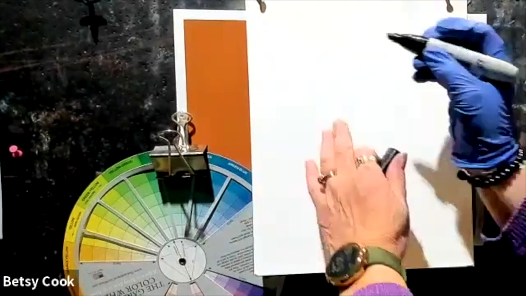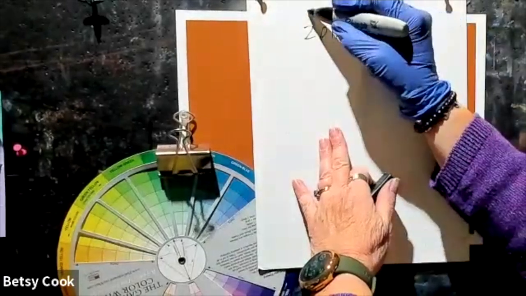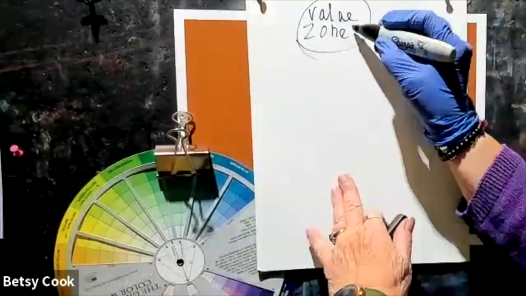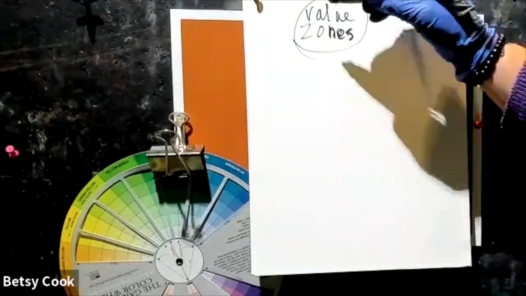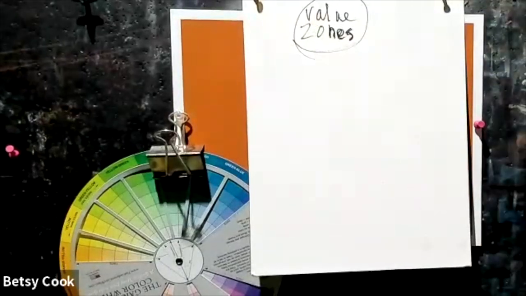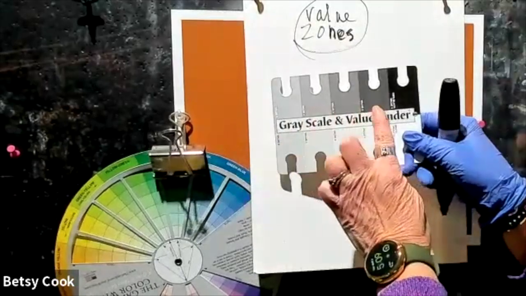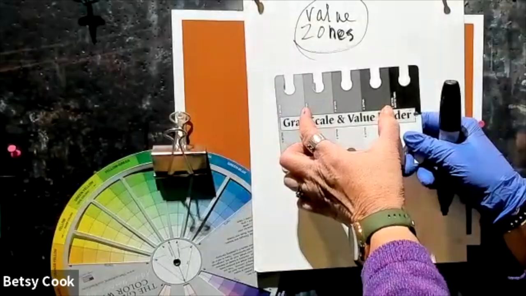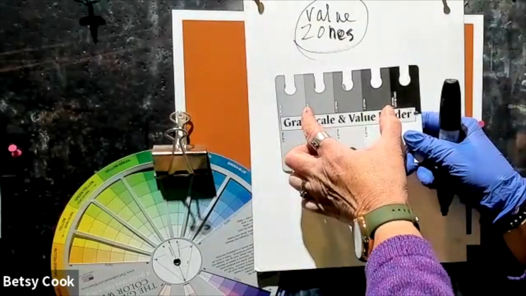And value zones, this is my interpretation of value zones. What we're doing is looking at an area that potentially has several values in it, but they're all acting together in unison for that mass, that object, that shape, whatever it is.